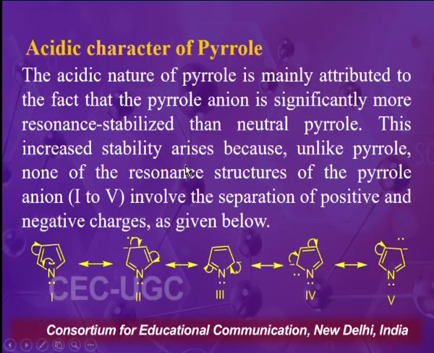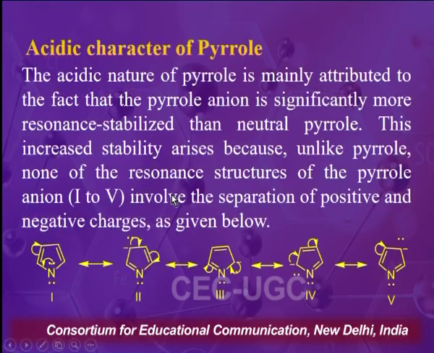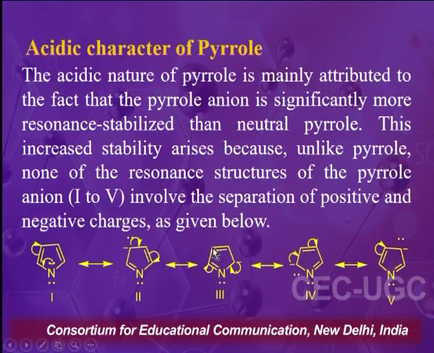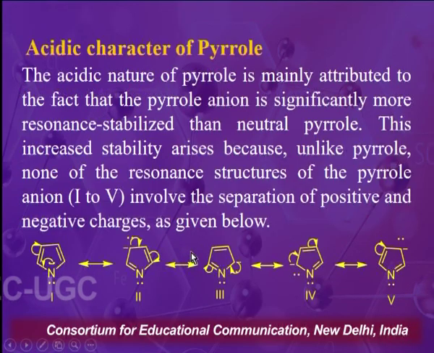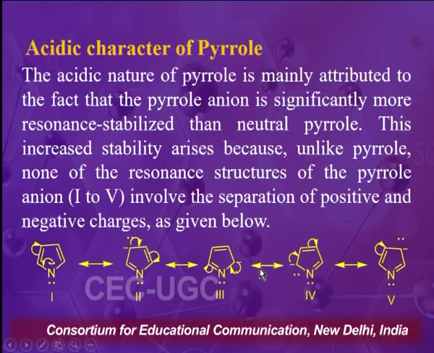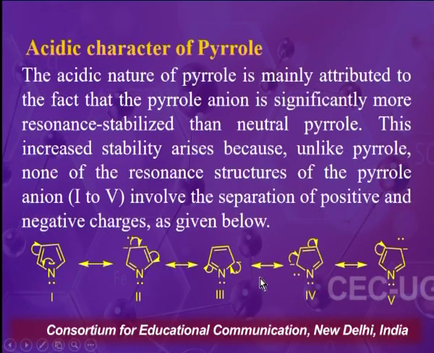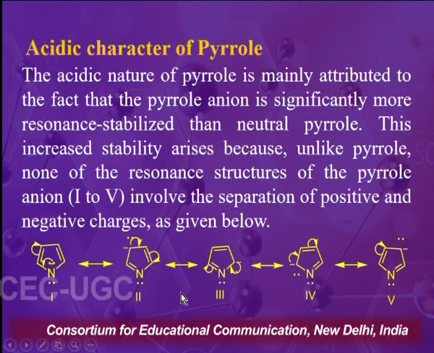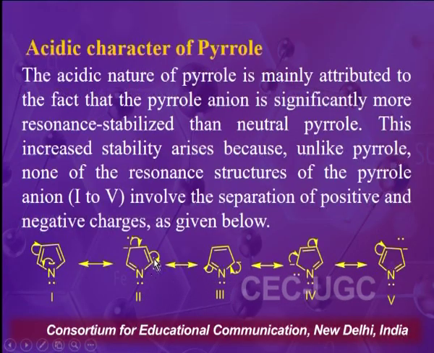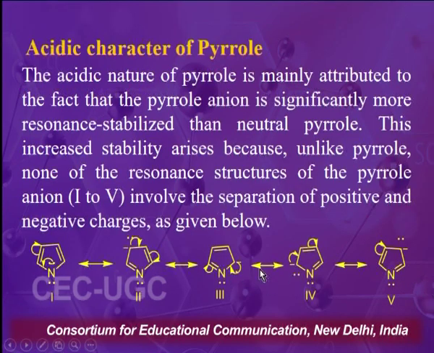And the acidic nature of pyrrole is mainly attributed to the fact that the pyrrole anion is significantly more resonance stabilized than the neutral pyrrole molecule, because in these resonance stabilized pyrrole anion structures, there is no positive and negative charge separation that makes the structure destabilized.